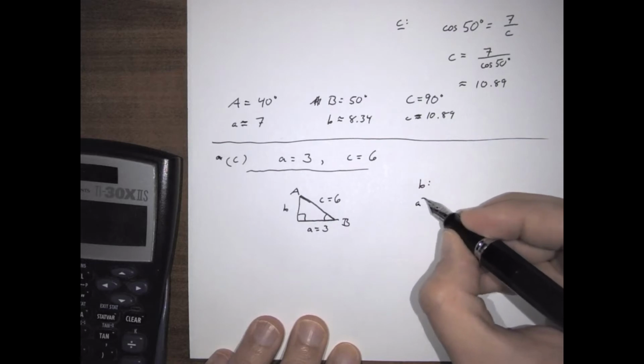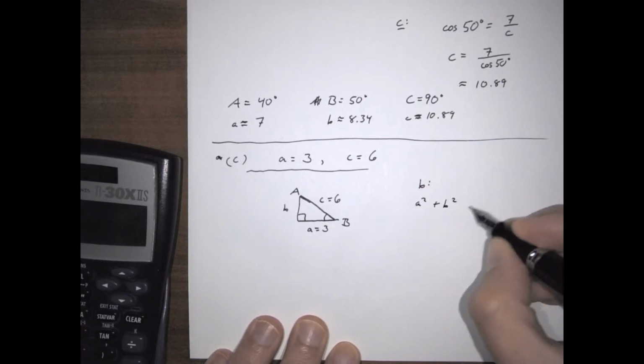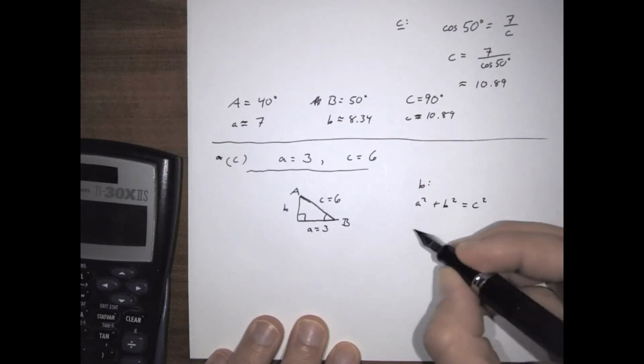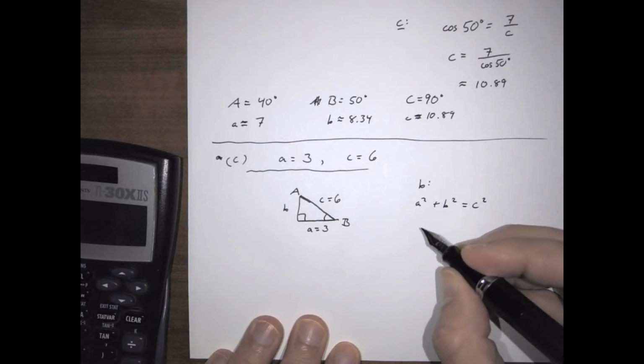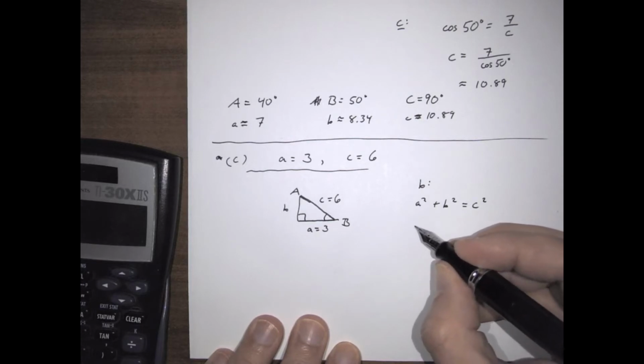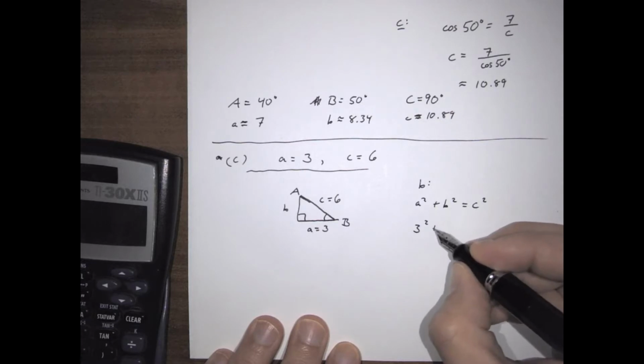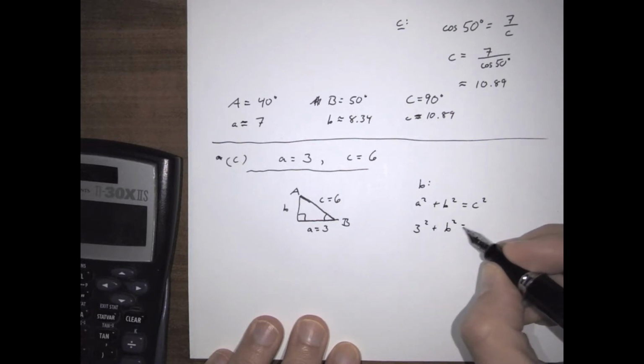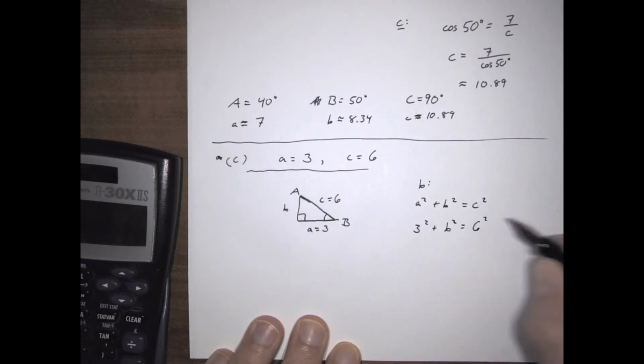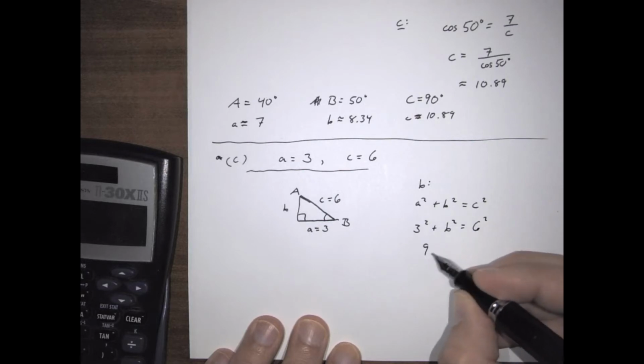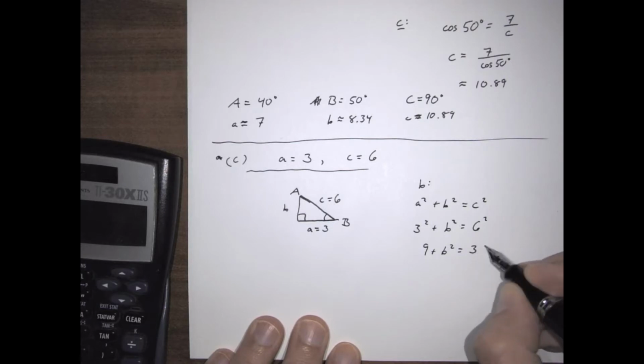So a squared plus b squared equals c squared. Here I have two of the three pieces, so I can solve for the missing piece. That's going to be 3 squared plus mystery b squared is equal to 6 squared. So that's 9 plus b squared equals 36.